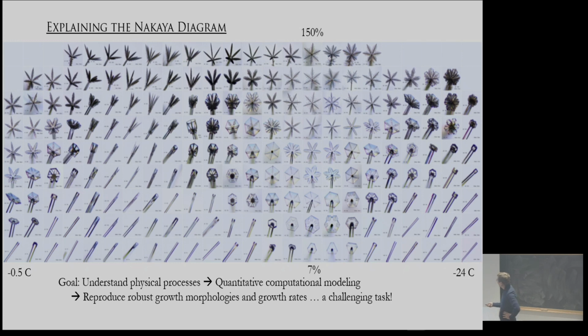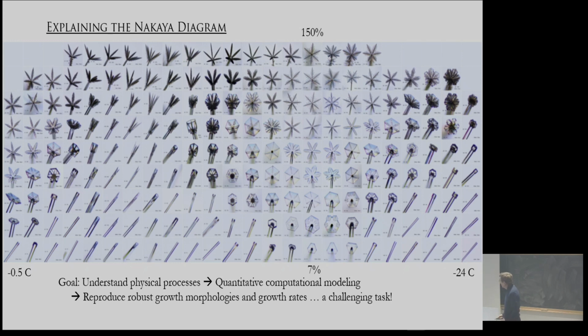You can really see the transitions from plate-like crystals over here to needles and needle-like dendrites, and then plates again, and plate-like dendrites around minus 15, and then over here it gets more columnar.